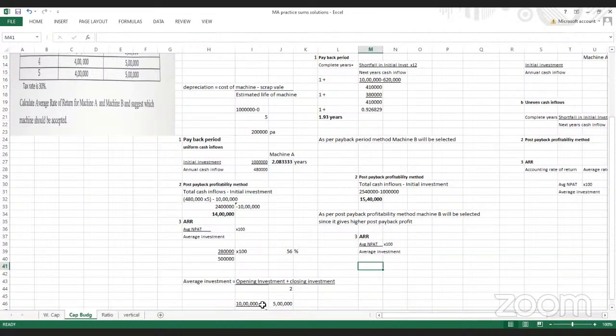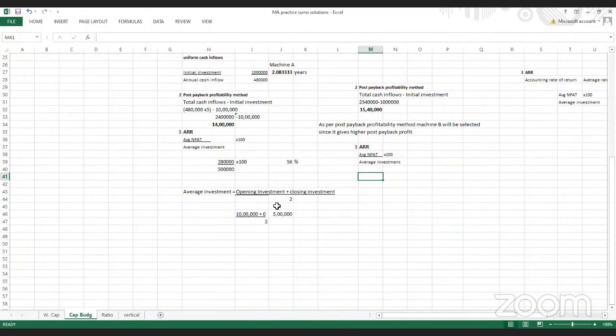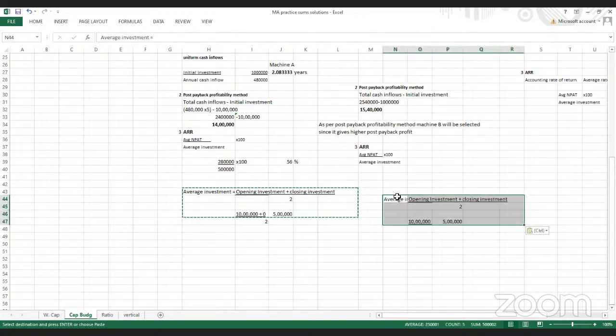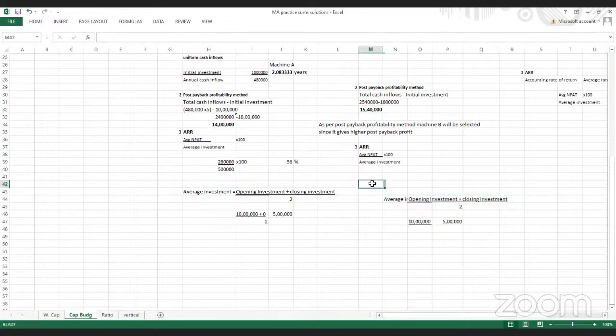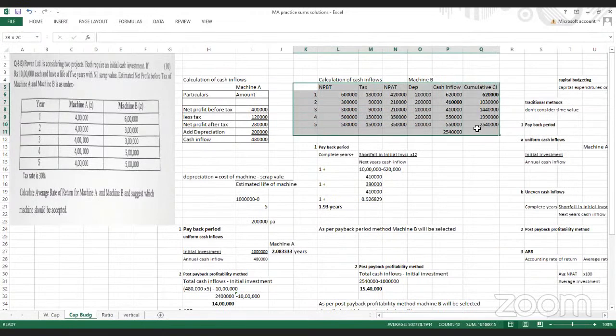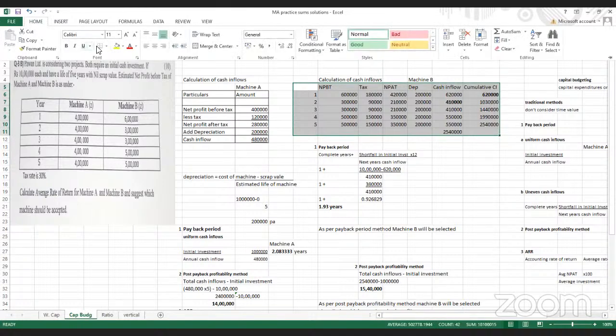Average investment will be same. We had calculated the 5 lakhs. It will be same. So I'll just copy this as it is for this machine also. Now we need average profit after tax. So if you go to our statement, just a minute, and make it a proper format.